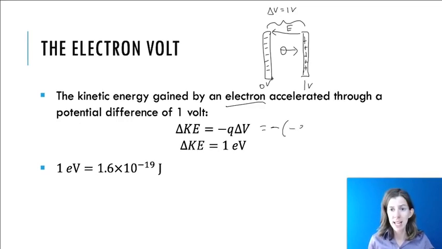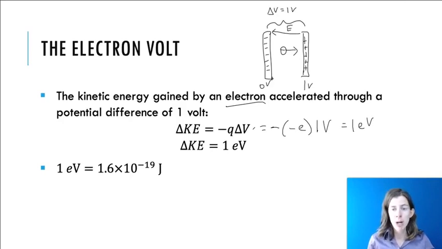The electron has a negative charge. And then the potential difference is 1 volt. It's positive, because it's going from negative to positive. So you can see what happens. You have a negative times 1 times e times V, and that's how you get 1 eV. So it's just a unit for energy.